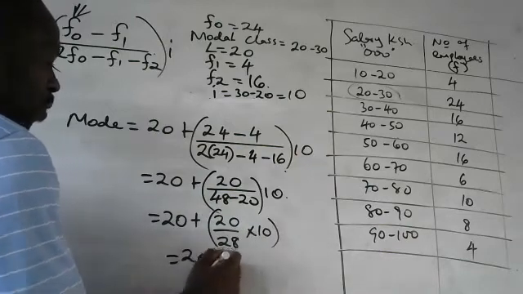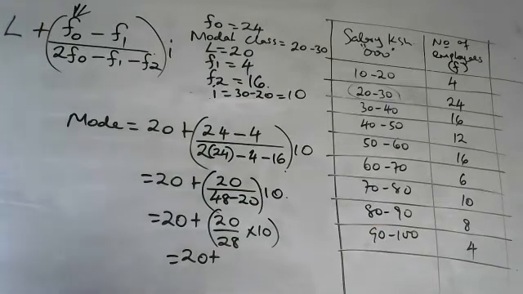Which will be equal to 20 plus what? This is the same as 200 divided by 28. What do you get, Damaris?